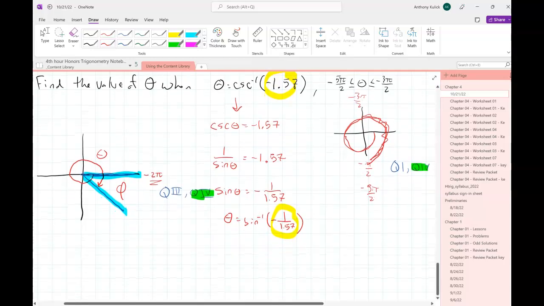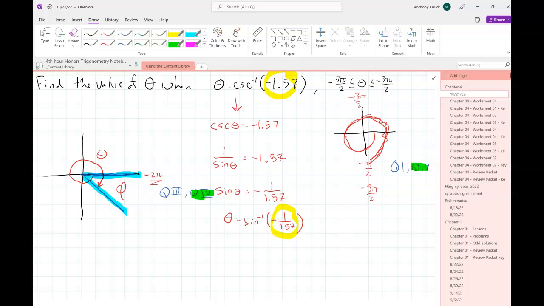Here's the tricky question. What's the relationship between phi, theta, and negative 2 pi? Is theta bigger or smaller than negative 2 pi?